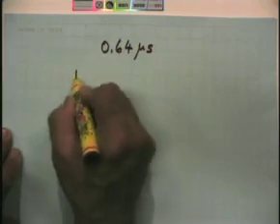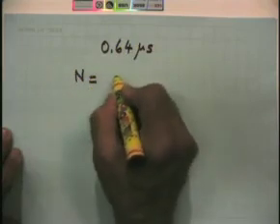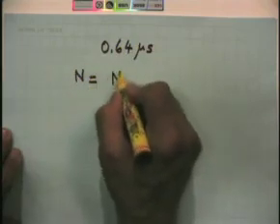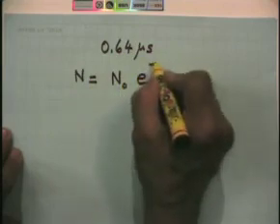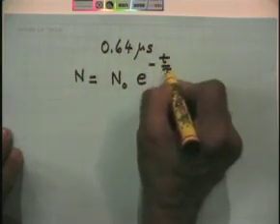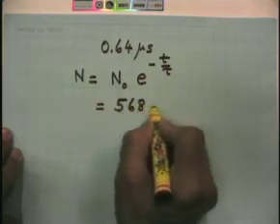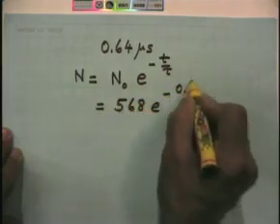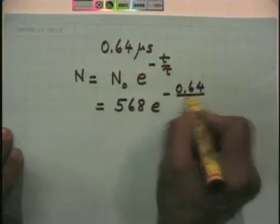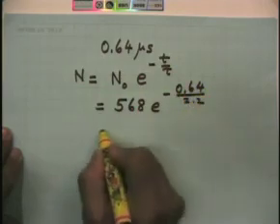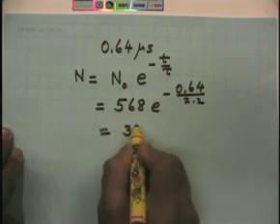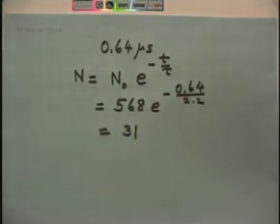So, the number that you observe according to the special theory of relativity will be n0 e to the power of minus t by tau, where n0 is 568 and t is 0.64 microsecond divided by 2.2. If you do the algebra, you will find that this number is 31, and this compares very well with experiment.